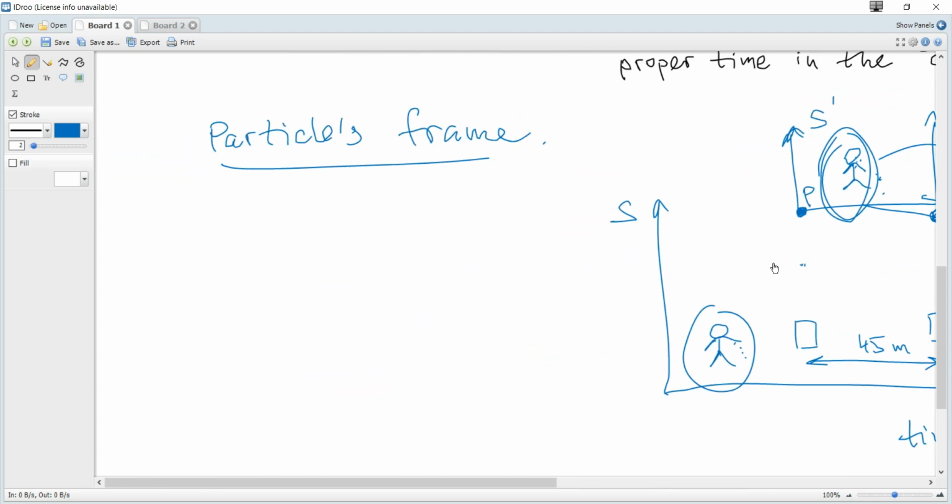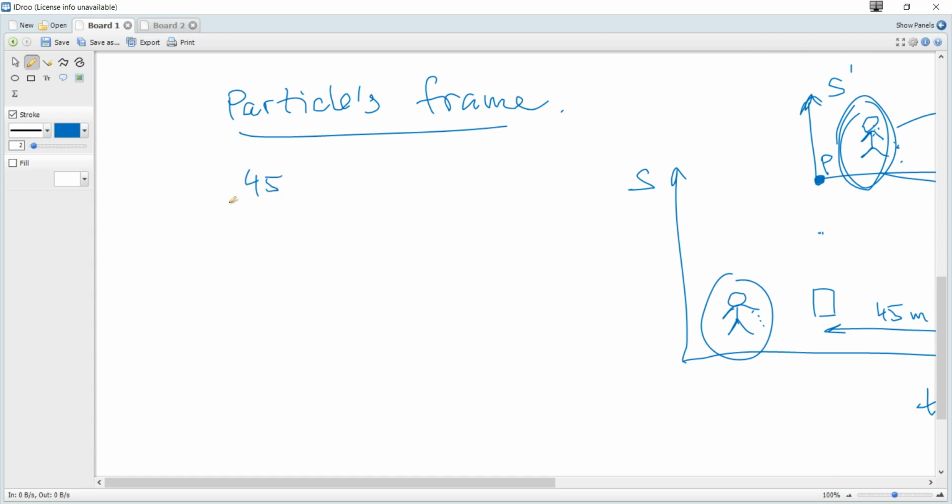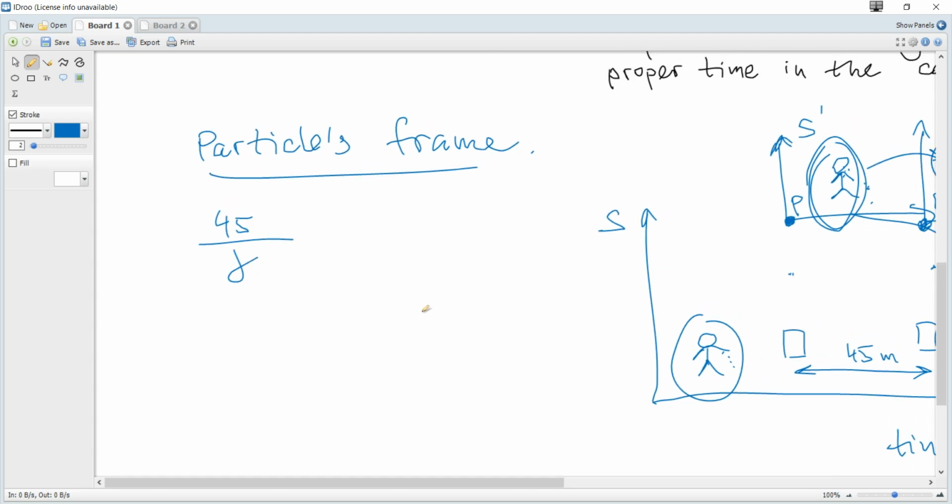So this distance 45 will be contracted, or less, by gamma.